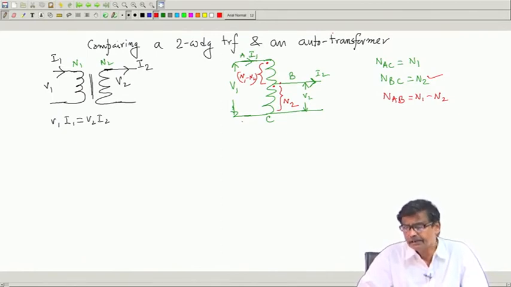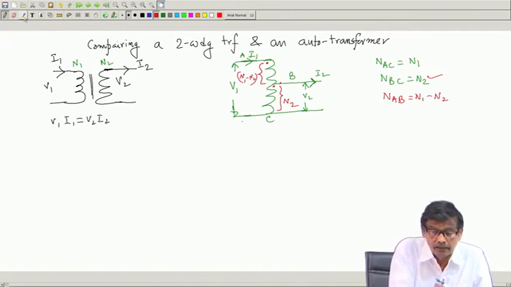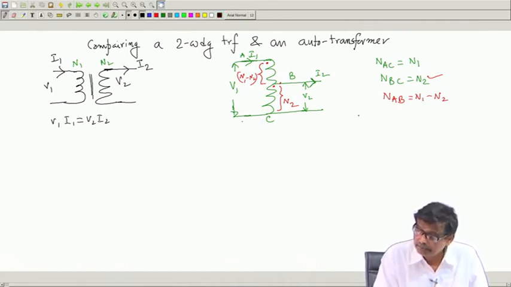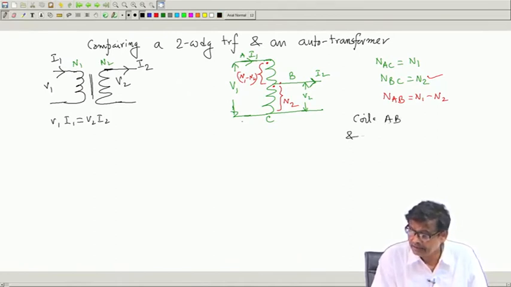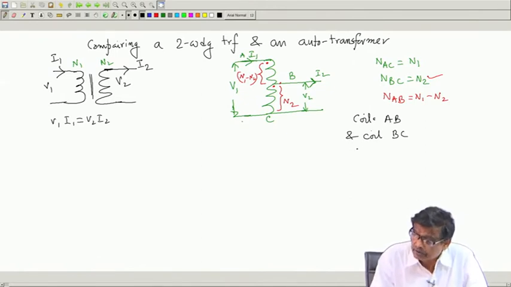So, first thing is I say that coil AB and coil BC are two separate coils, totally separate.